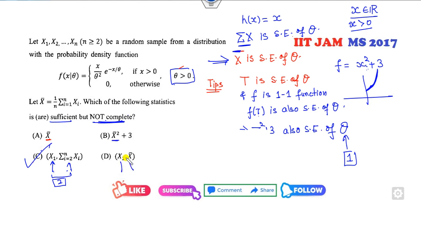Again, it's a comma, so it is sufficient. Is it complete? It's not complete because the dimension is 2, but theta has dimension 1. In the other case the dimension is 1 and theta also has dimension 1, so yes, it's complete, but we need one that is not complete. What is the dimension of this? It's 1, so it is not the answer. C and D are my right answers.